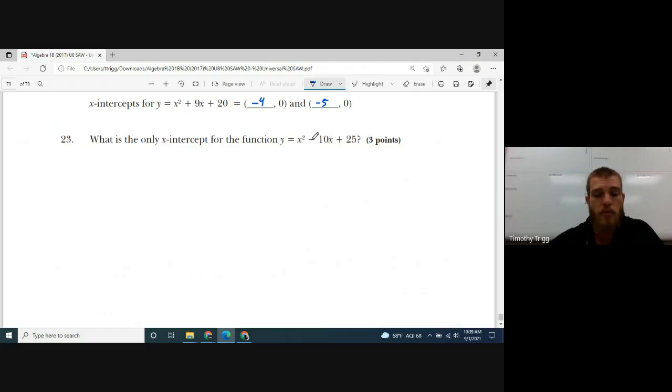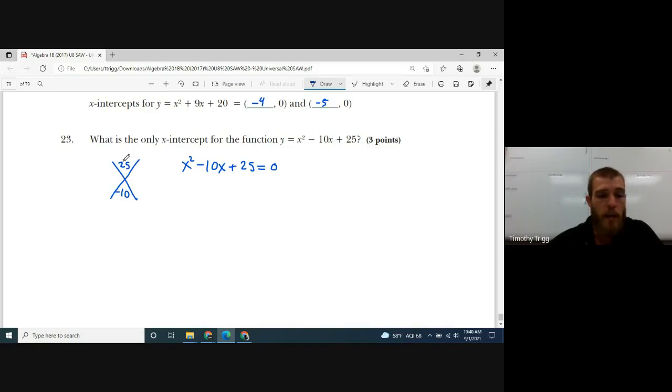Okay, this one's the same deal. So again, let's rewrite the equation, setting it equal to 0. So x squared minus 10x plus 25 equals 0. And this is going to help us find our x-intercepts. So we're going to set up our magic x, 25 on top, negative 10 on bottom.